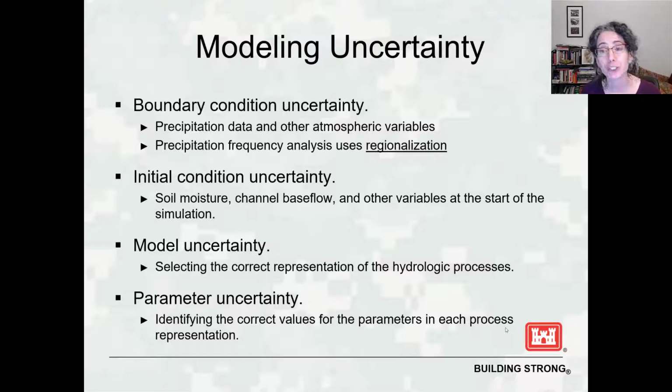We have model uncertainty, which is selecting the correct representation for each of the hydrologic processes we need to model. And then we have parameter uncertainty. Each of those process representations is defined by parameters that need to be estimated. All of these uncertainties contribute to the uncertainty in the estimated flow frequency curve.